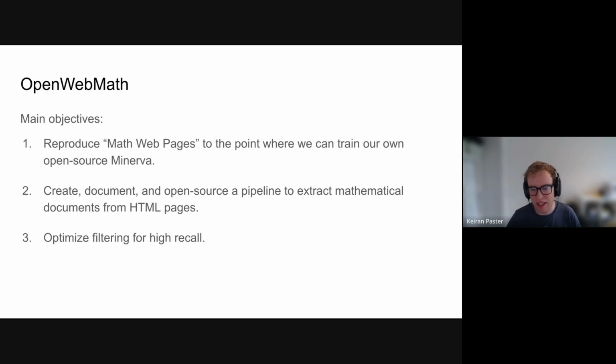And finally, a high level goal is that we want to optimize for high recall throughout this whole pipeline. So we don't just want to find the most high quality math documents from the web, but we want to find every document that we can from the web to train these models with.